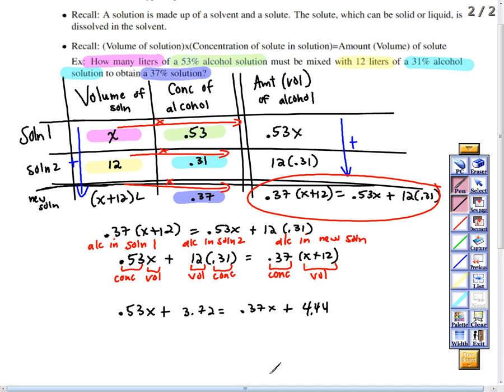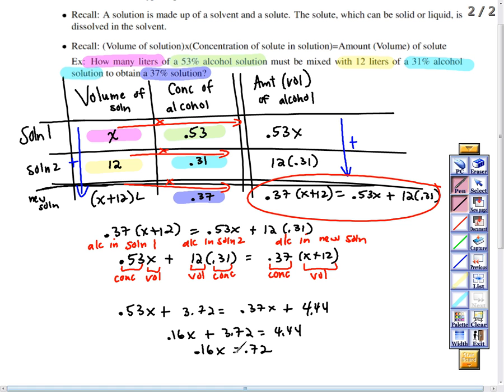I want all the x's together, so I'm going to move all the x's this way. I have 0.53x and 0.37x. I'm going to subtract 0.53 minus 0.37. I get 0.16x plus 3.72 equals 4.44. Now I'm going to do 4.44 minus 3.72. I get 0.16x equals 0.72.